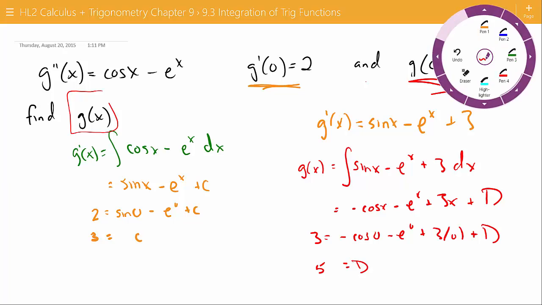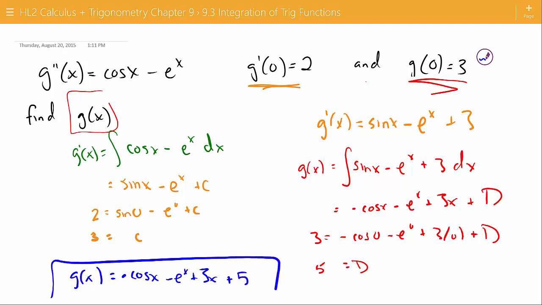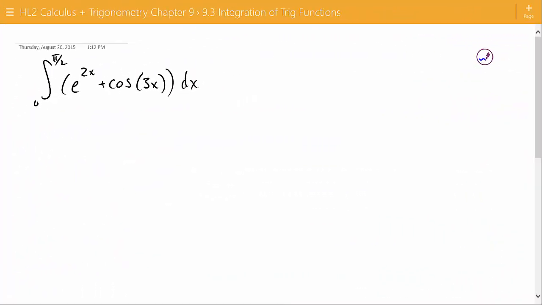Well, that means that g of x, in all of its wonderful glory, is equal to negative cosine x minus e to the x plus 3x plus 5. These initial conditions, or any ordered pair they give us, allow us to find the specific constant of integration for that problem. Now, as long as we're talking antiderivatives, integration, let's do some definite integrals.